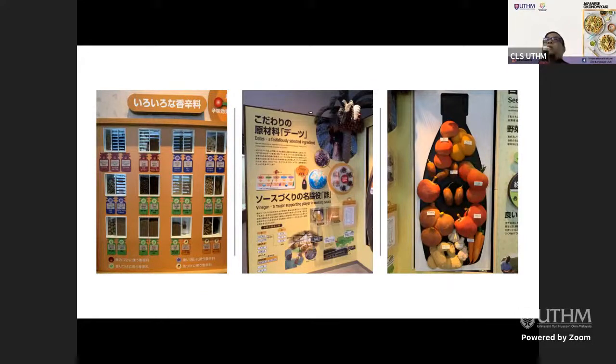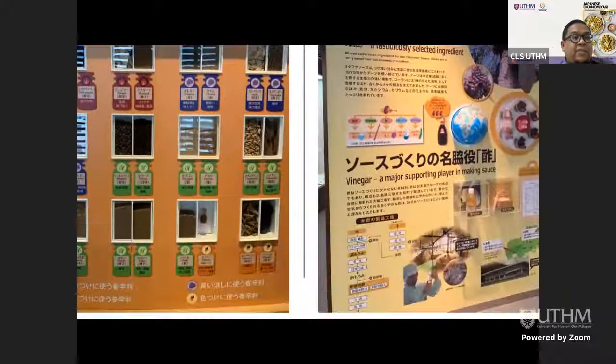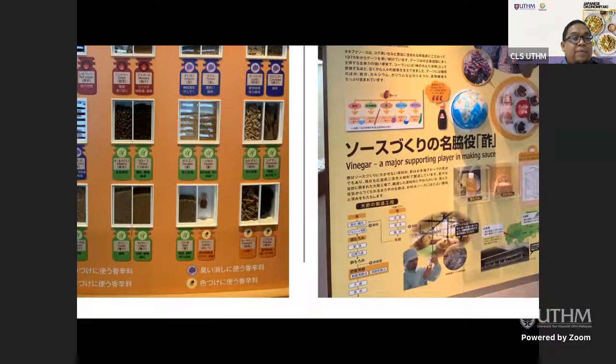In Japan, for the small 500 milliliter bottle, they use at least 3 pieces of big dates, which means this product is considered very healthy and has a source of superfoods inside. On this side they also use a lot of spices. You can see here, sorry, it's a bit small.